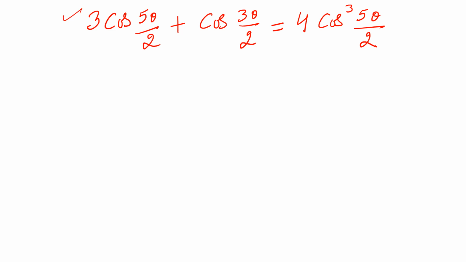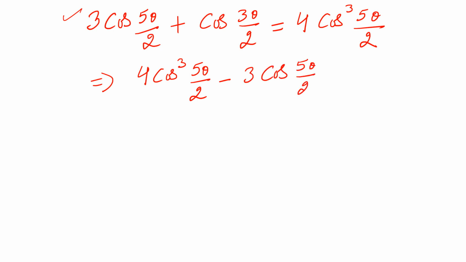Now just take the term 3 into cos 5 theta by 2 onto the right hand side of the equation. So now the equation can be written as 4 times cos cube 5 theta by 2 minus 3 times cos 5 theta by 2 equal to cos of 3 theta by 2.